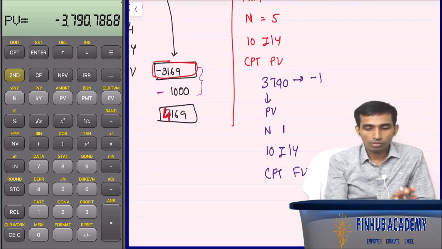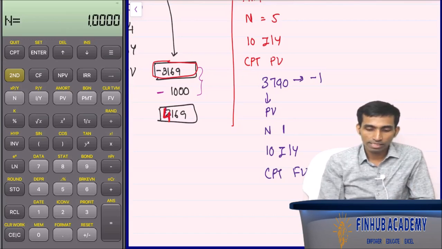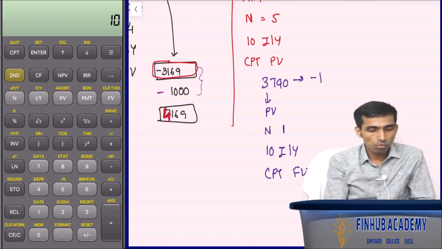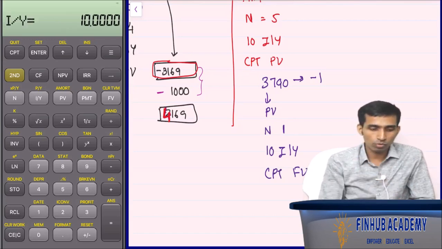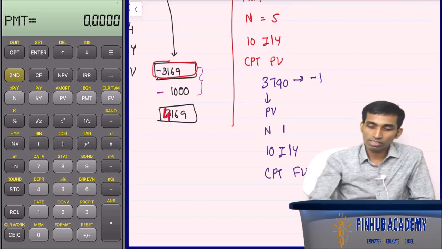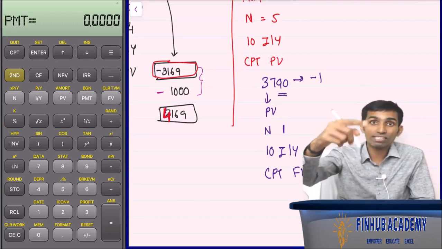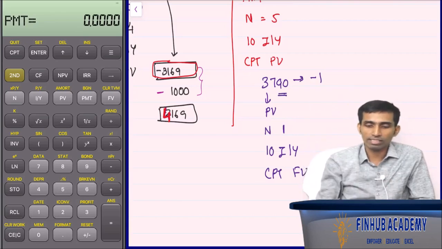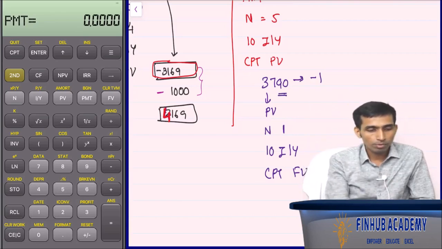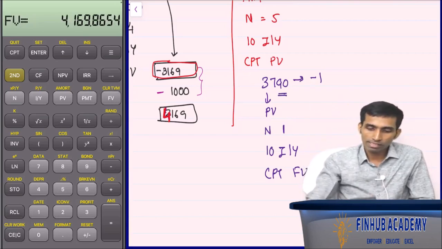This is my PV, already fed. I'll change N to 1, 10 I/Y. Obviously my PMT should be 0, because this is a single cash flow. It is not 3790, 3790, 3790 every year. Then I will compute my future value. The answer is matching, 4169, correct?